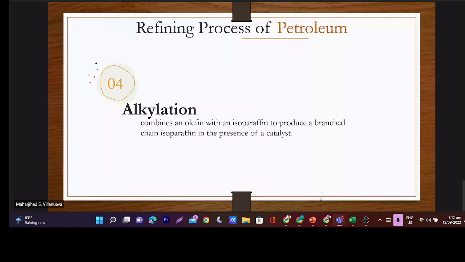So, there are two processes po of this type of alkylation po sa paghalo po ng catalyst po niya. So isa po dun is using concentrated hydrofluoric acid as catalyst po, and yung isa naman po is using concentrated sulfuric acid as catalyst po.